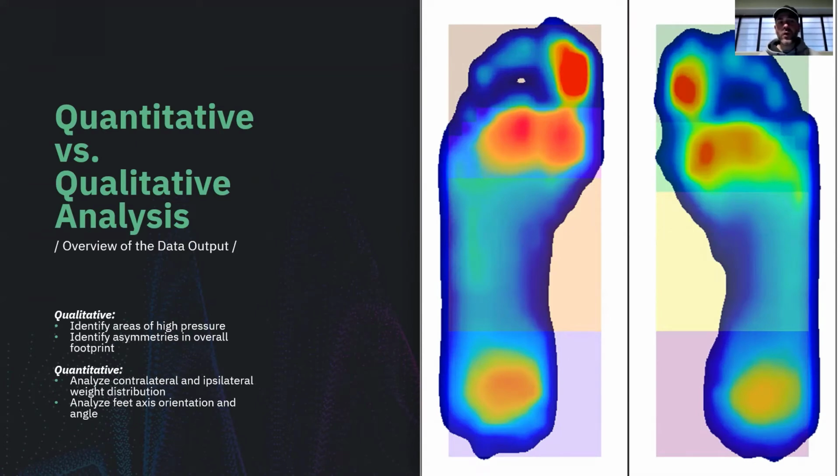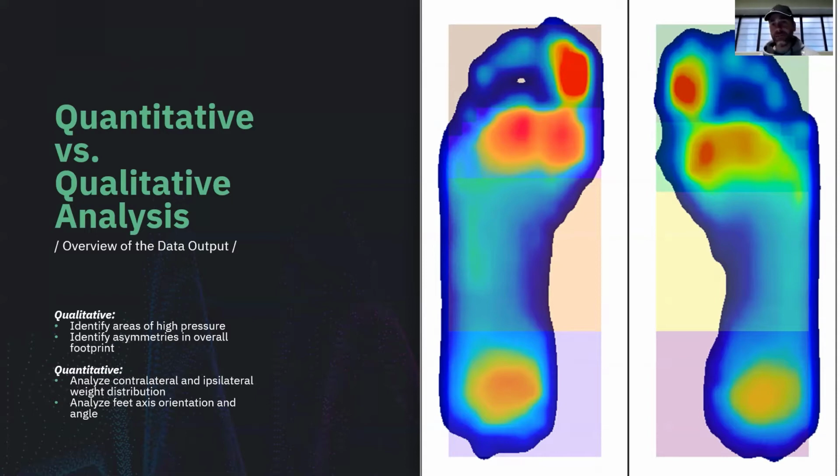Let's start with the qualitative analysis. By looking at the peak pressure image, the first thing to look at is identification of areas of high pressure. The second is looking at asymmetries in overall footprint. By looking at the image, you can get a first insight into the symmetry in footprint between left and right foot.